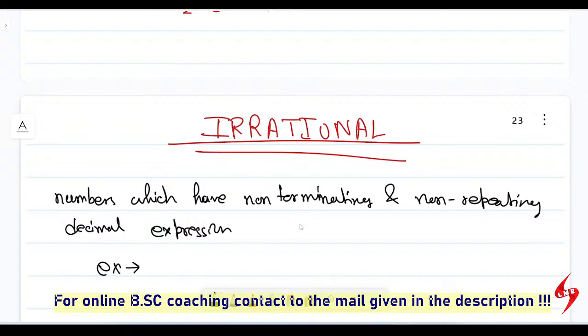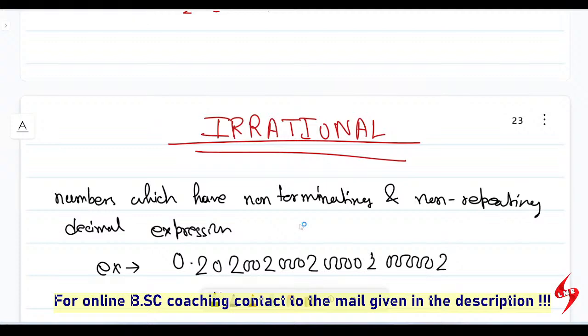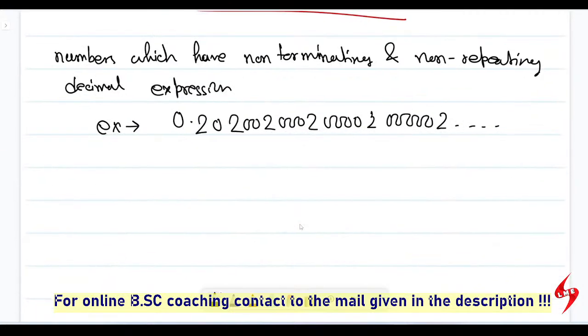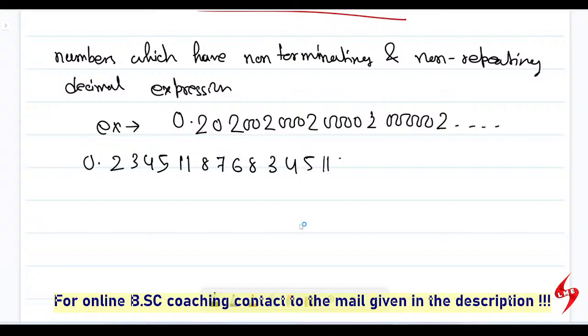Example, like 0.20200200020000200002 and so on. Another example I am writing: 0.234511876834511666000087 and so on, and it is non-repeating, of course, because there is no pattern or period of repetition.